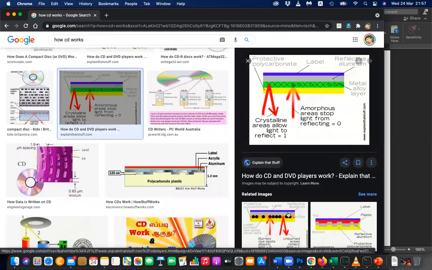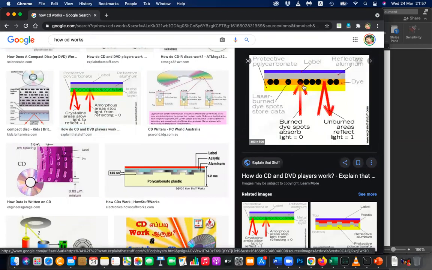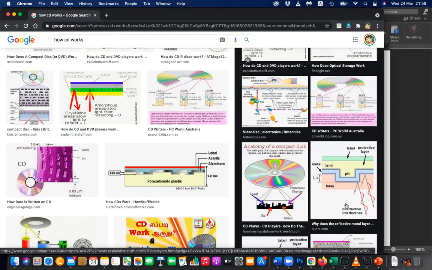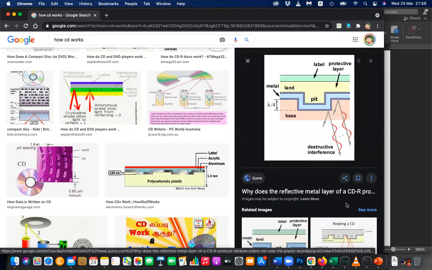When the laser hits a burn spot, the reflection will be different, and an unburned spot reflects. One can say the burn spot won't reflect, while the unburned area reflects. Or someone can talk about the reflection angle.